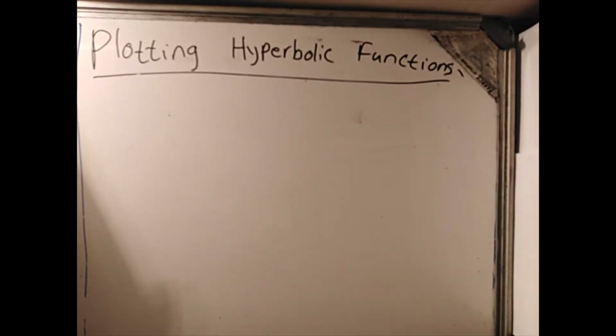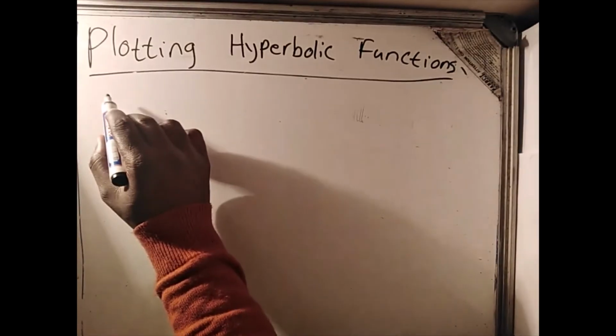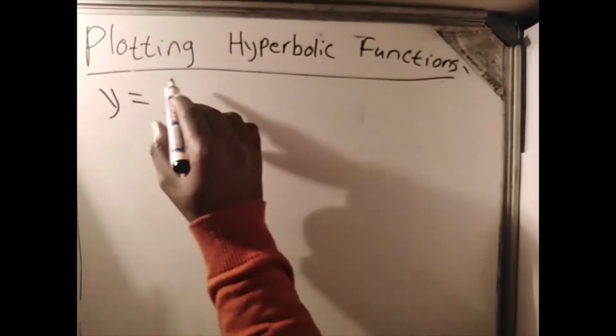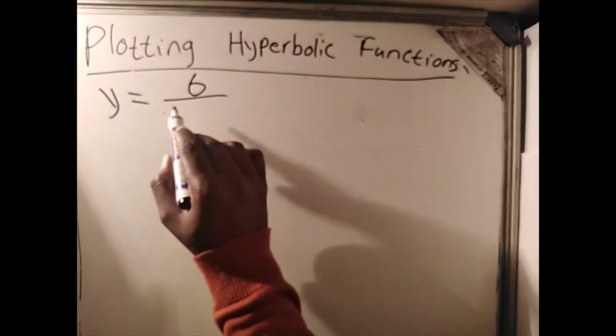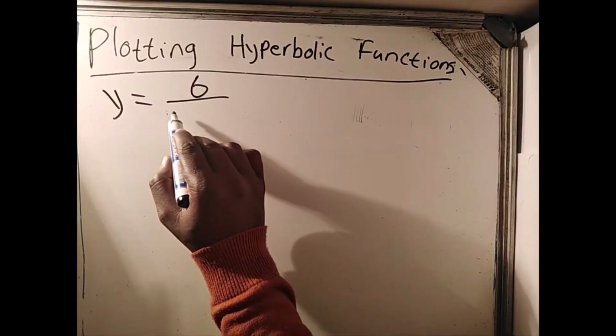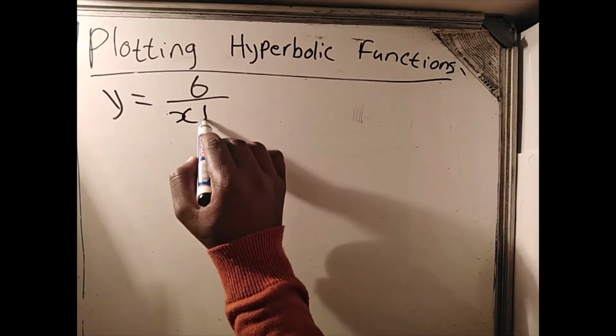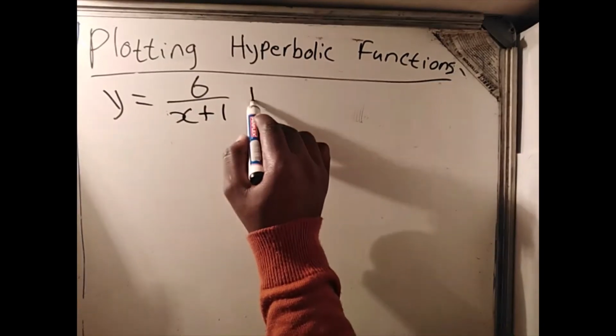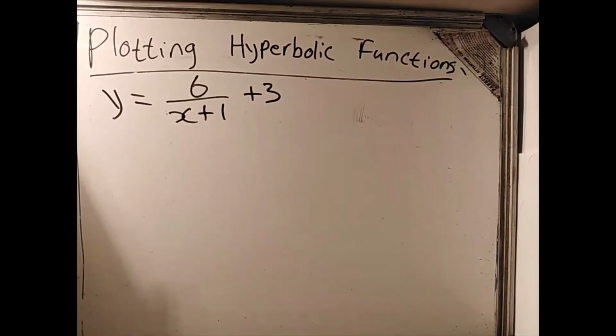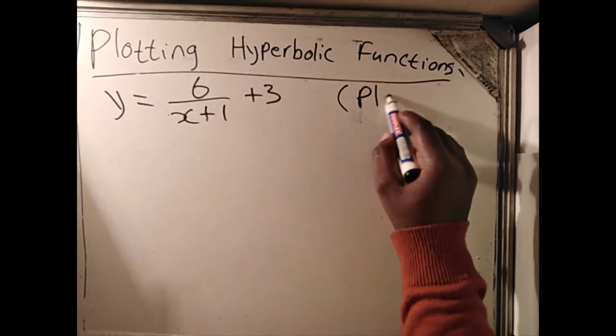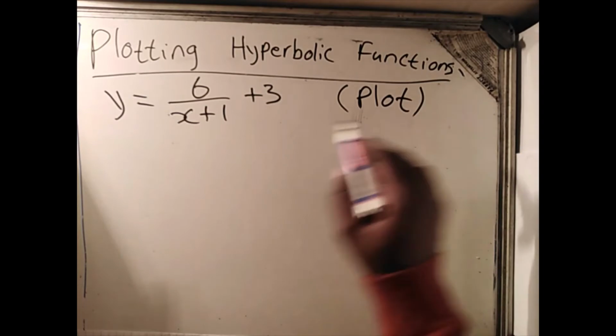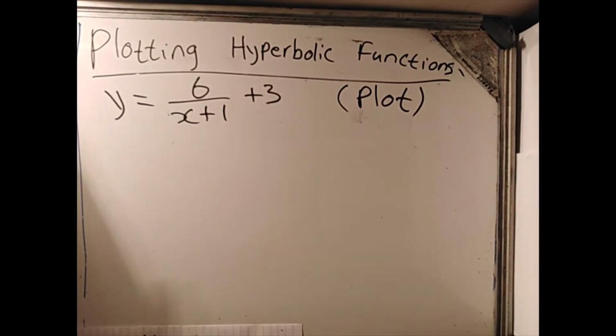Let us take a function and let's call this function y is equal to 6 over x plus 1, and then plus 3. They say you must plot y is equal to 6 over (x plus 1) plus 3.